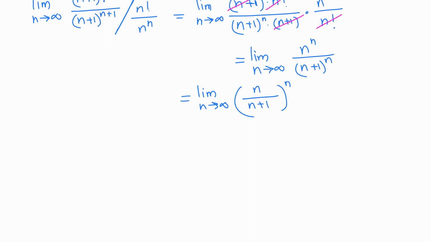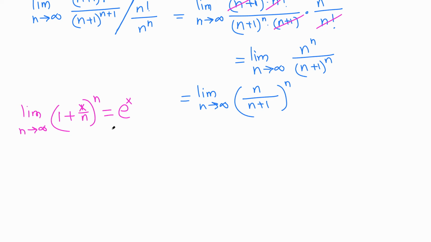Let me recall something from calculus 1: when we have (1 + 1/n) raised to n, and we let n go to infinity, this is defined as the exponential function e raised to 1. In fact, if we had x here, then this would have been e raised to x.